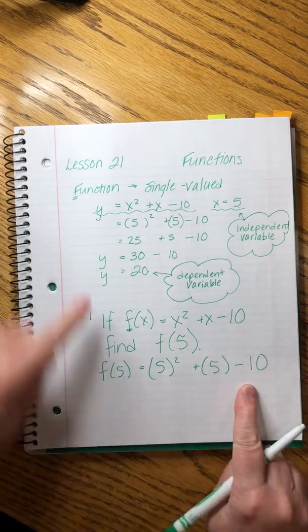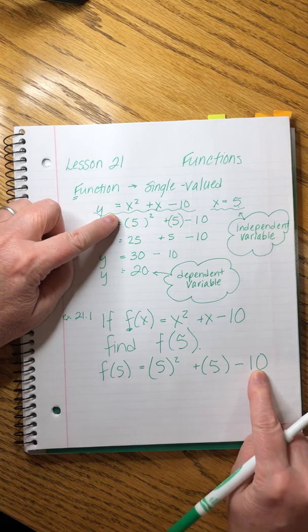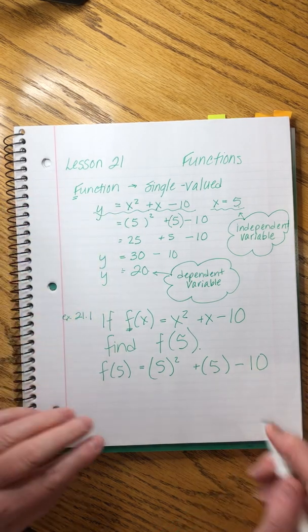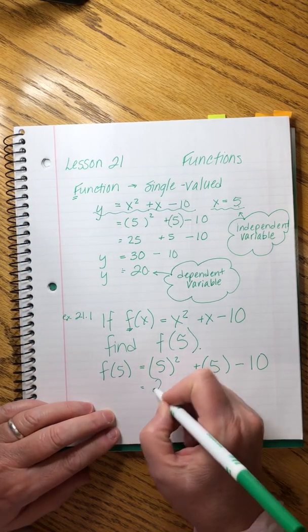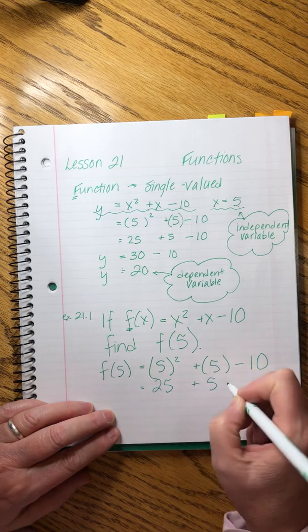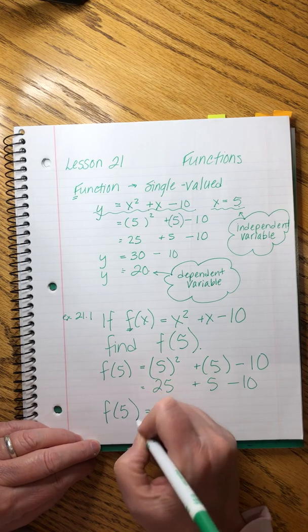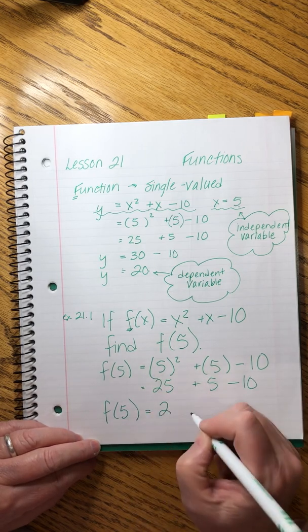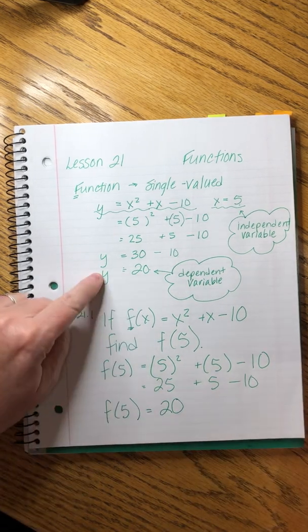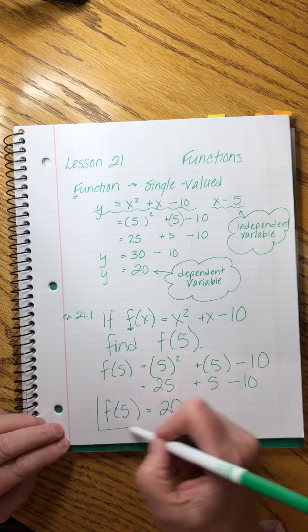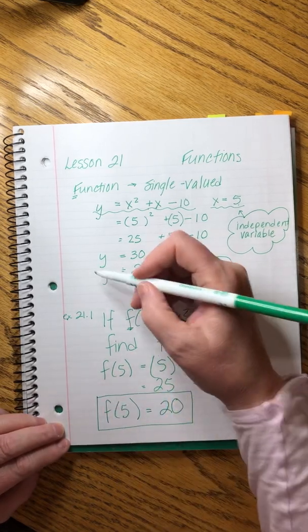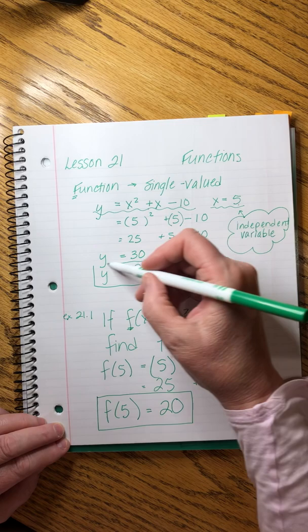I plug it in just the same way I did here, except I didn't forget the minus 10 this time. And then I solve. Equals 25 plus 5 minus 10. And then we get that f of 5 equals 20. Same as before, just a slightly different style of notation.